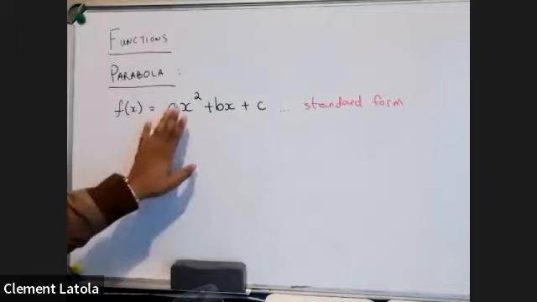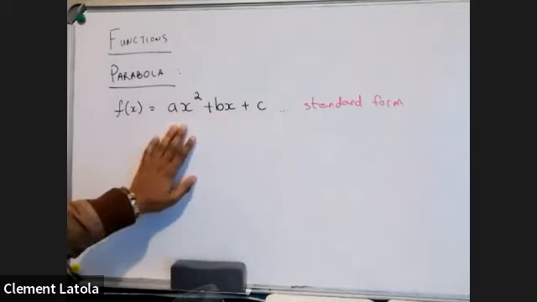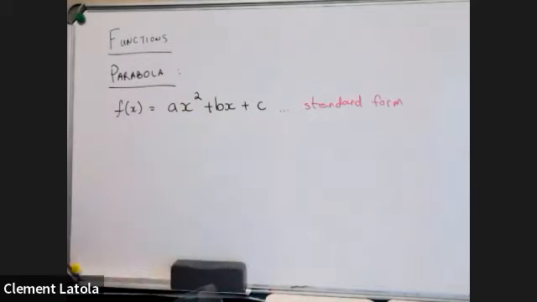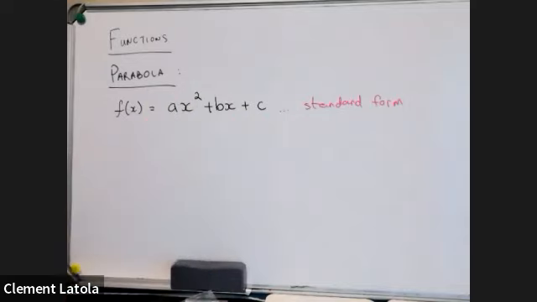Okay, this is when you have ax squared plus bx plus c. It's like a trinomial. Well, it is a trinomial. And we actually use a and b's values to work out the x coordinate for the turning point.